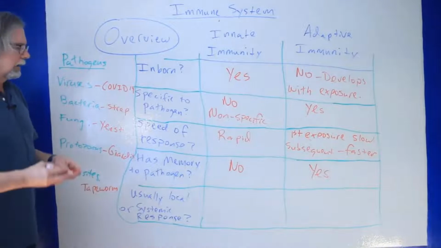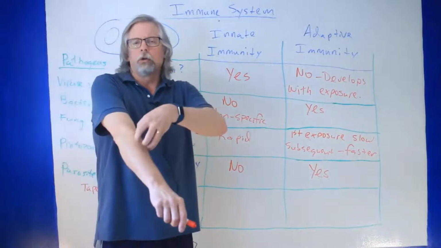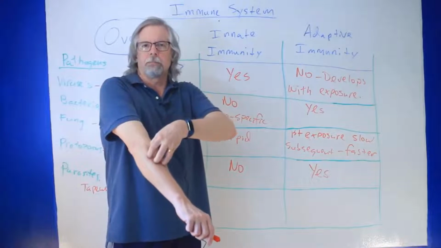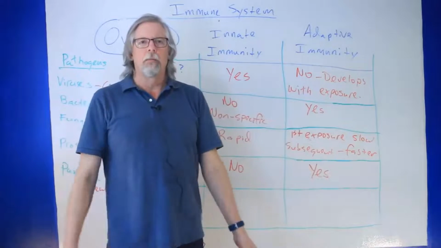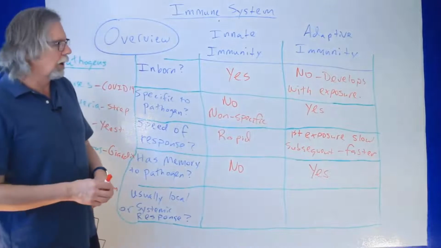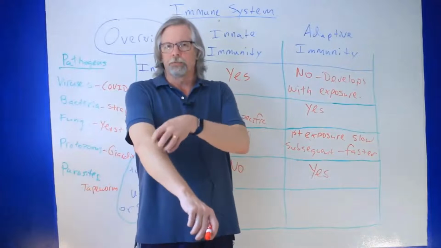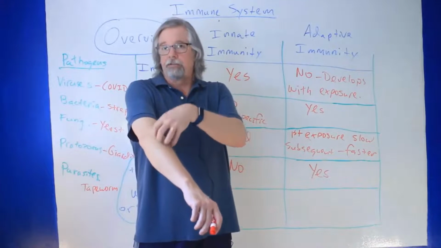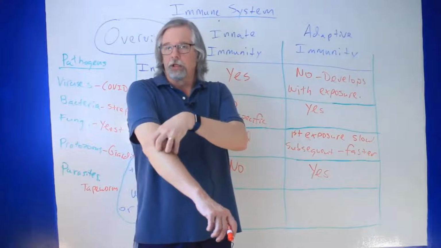Final property, is the response local or systemic? Local meaning confined to a particular part of the body. Systemic is body-wide. And I put the qualifier here usually. So usually innate immunity mounts a local response. For example, if you get a cut and an infection at the cut, innate immunity will be responding to that site, okay?